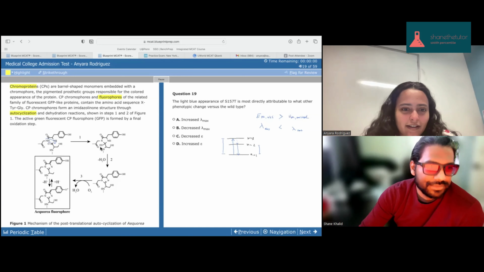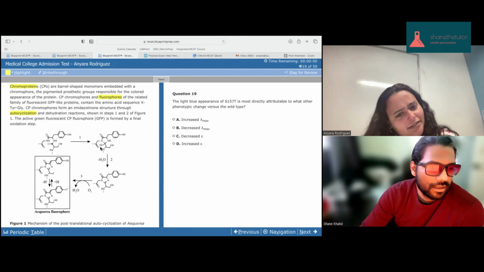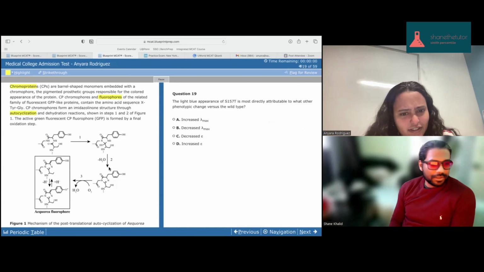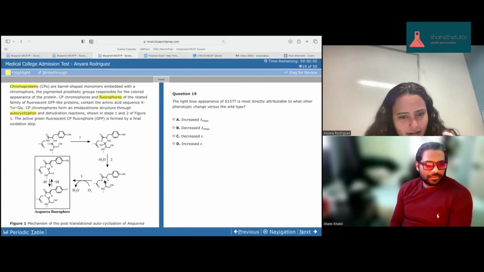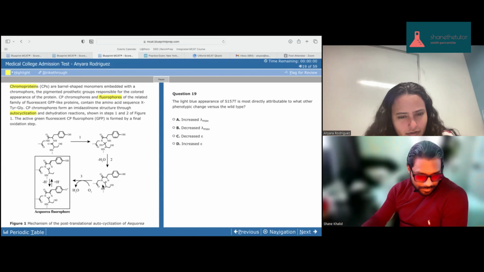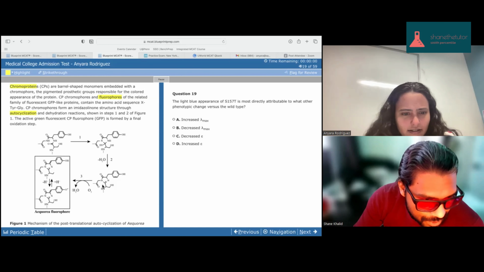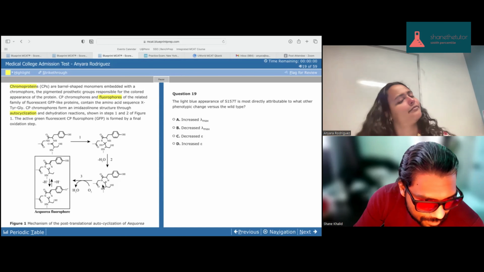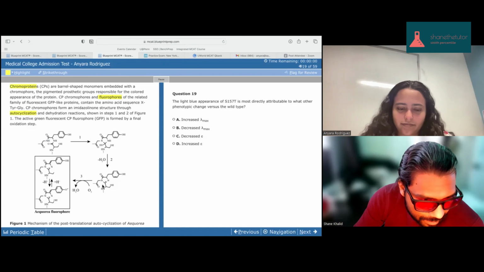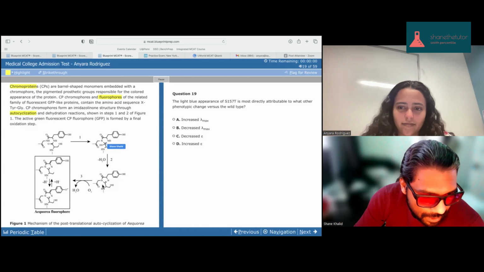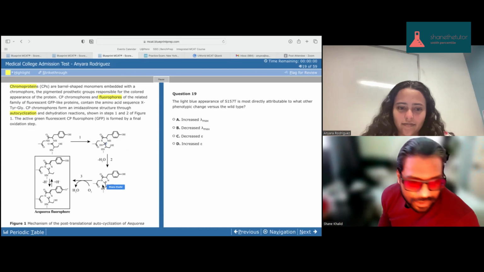And then there's the dehydration. We no longer have that OH group. It seems like this OH group leaves, and the electrons here can form a double bond right there.